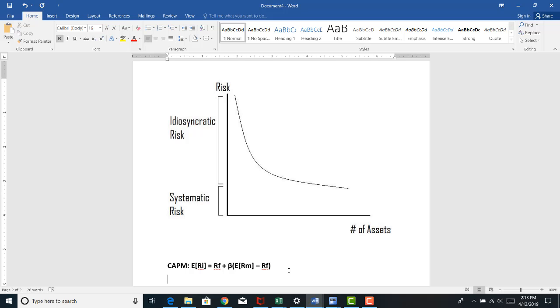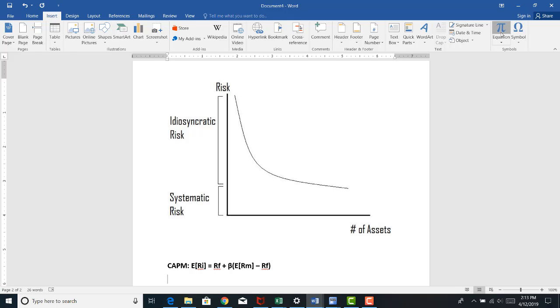The guy that formulated the capital asset pricing model was named Bill Sharpe. He won the Nobel Prize several years ago. Bill Sharpe derived the CAPM, and I don't know if it was luck or skill, but he showed that to measure systematic risk, all you have to do is take the ratio of the following.